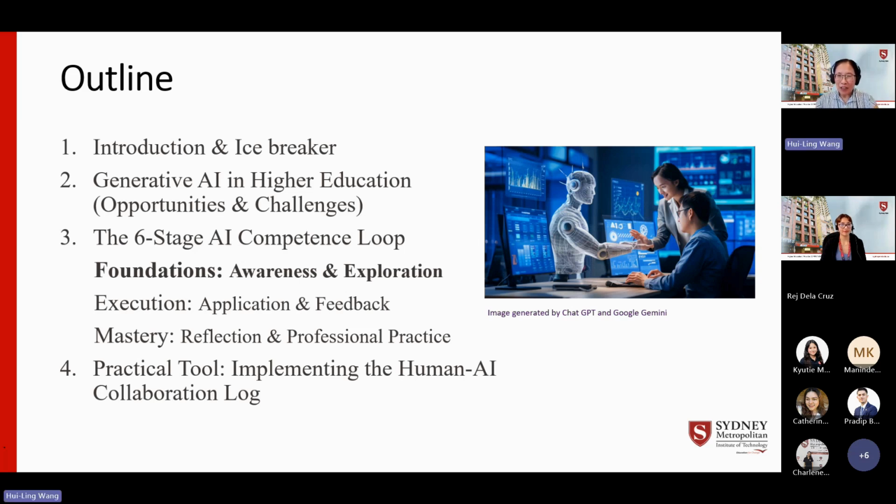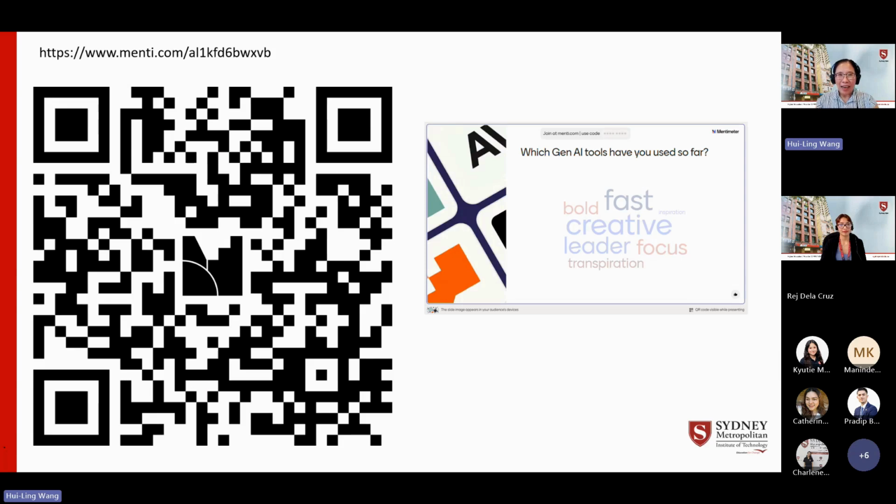First, I don't know how many students are there, but I would like you to use your mobile phone and try to go to this link. This is Mentimeter. I just want to see which Gen AI tools you have used. It should work, I tried the other day.